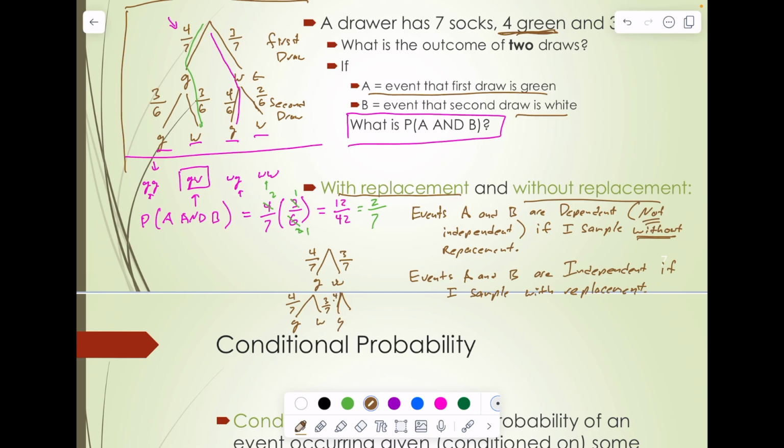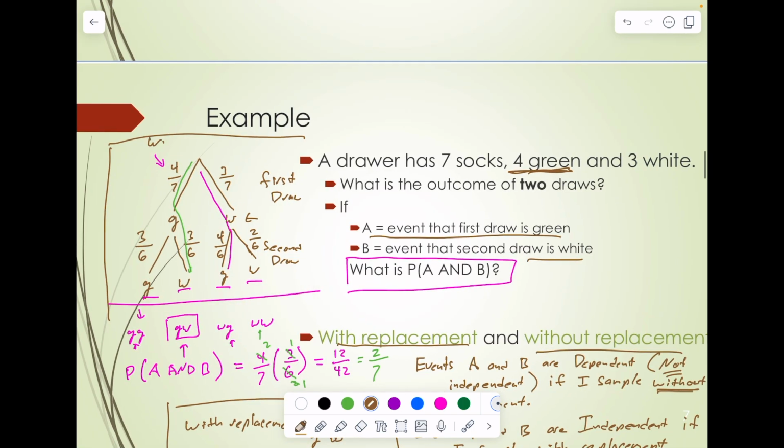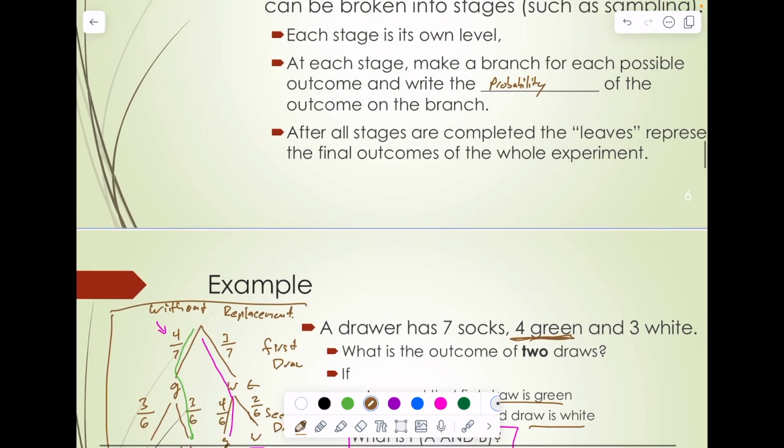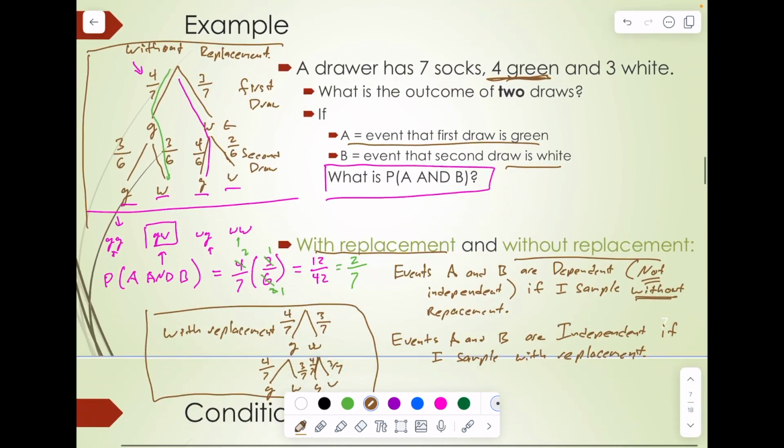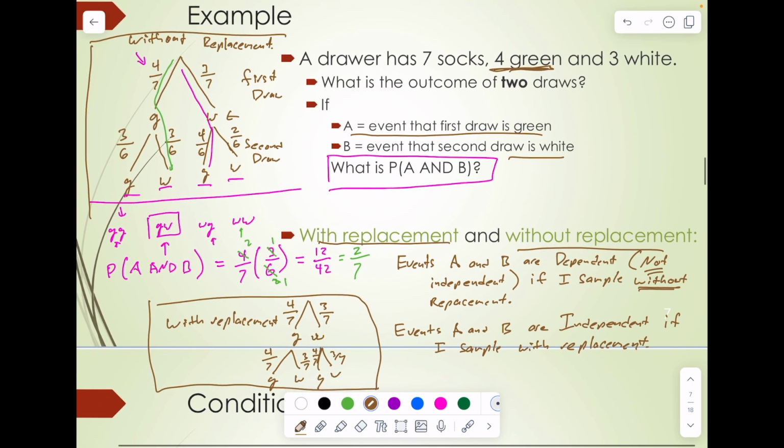And this is all the same here. Okay, so this is with replacement. This is without replacement.